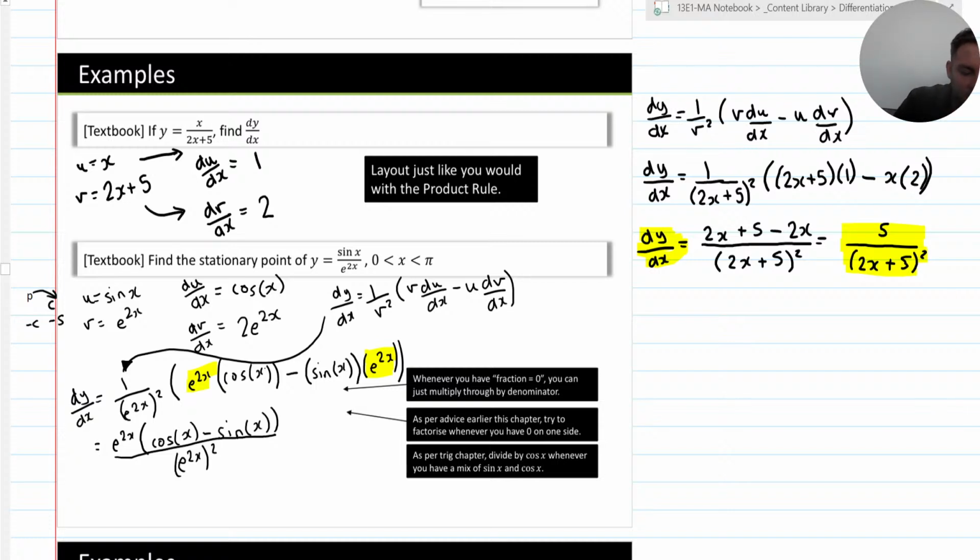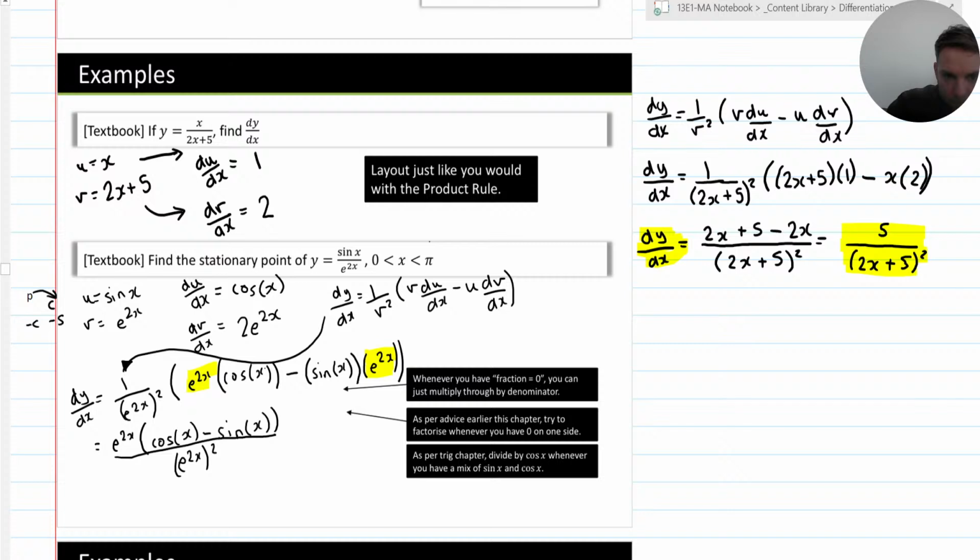So the reason I've left this as a squared is because I can see that I've got an e to the 2x. Yes, it is 2e to the 2x, isn't it? Which one should be 2e to the 2x? The dv by dx, which is the second one here. So there should be a 2 in front of that sine there, shouldn't there?